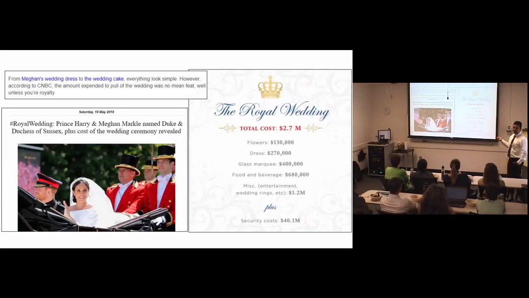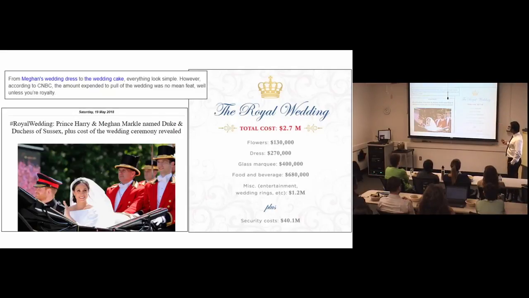So now the economic impact. You must be very proud these days that you are in relation with the royal family, isn't it? The US and the royal family are very close together now. These days, Megan's wedding dress and wedding cake are not that expensive, not much cost spent, everything is going on on the internet.